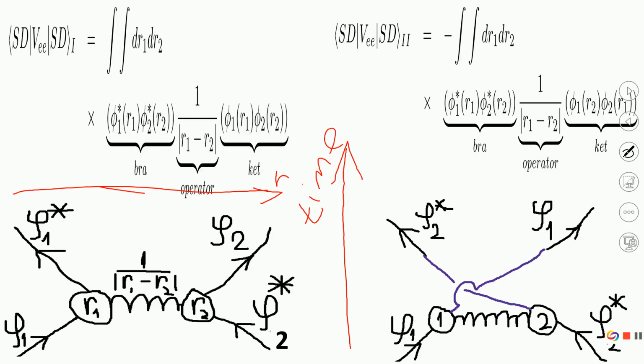Why is the sign negative? Let's fix the indices. Point 2 should be 1.